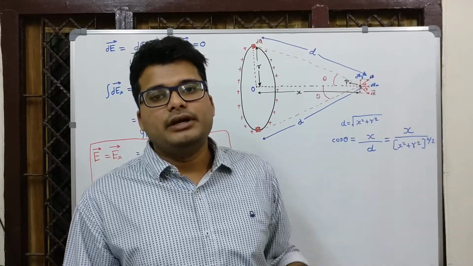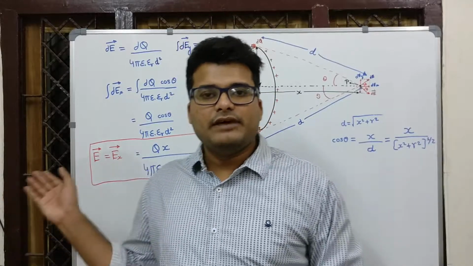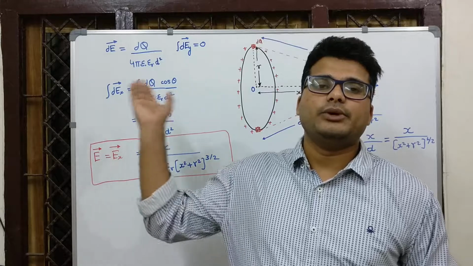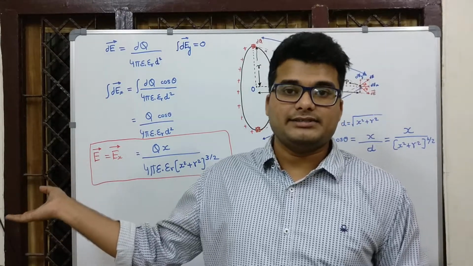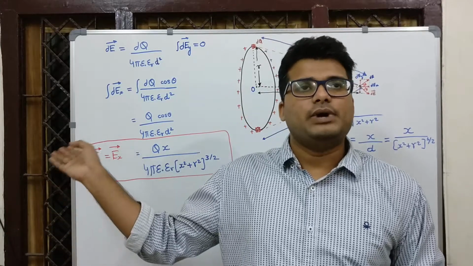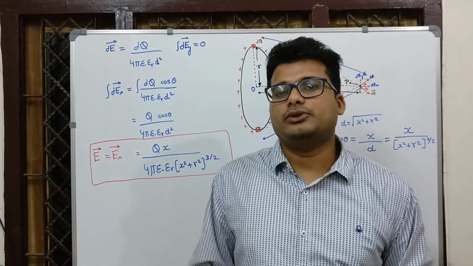And d is nothing but under root of x square plus r square. Put the values and what will we get? The electric field intensity due to a uniformly charged ring will be only along the x direction, and E equals Ex equals Qx upon 4 pi epsilon naught under root of x square plus r square to the power 3 by 2.